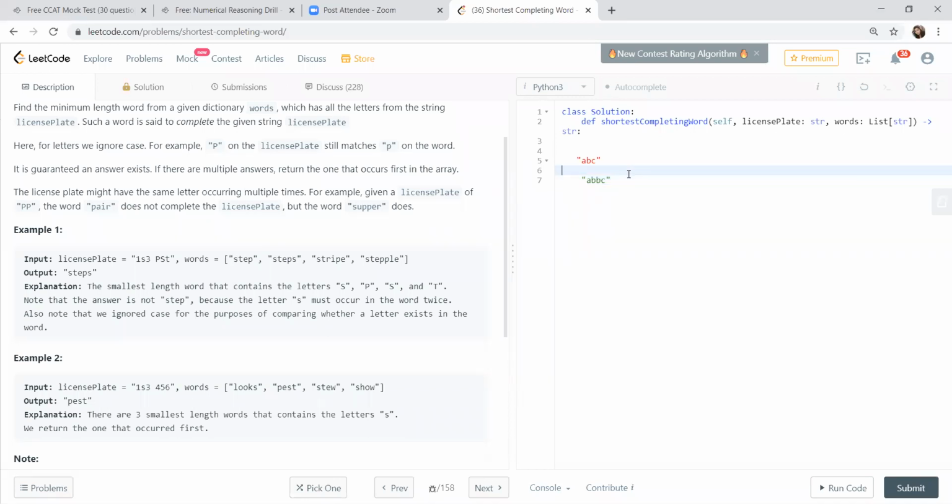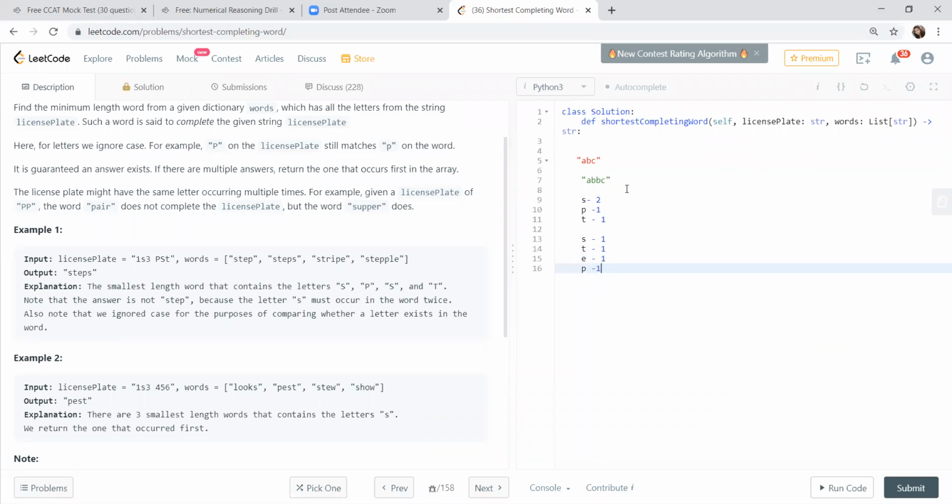Okay, so over here for example we have S2, P1, S1, T1, T1. And for the word, we have T1, E1 and P1.